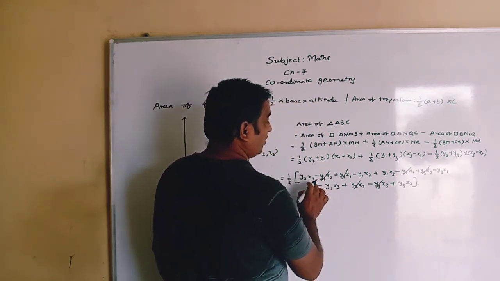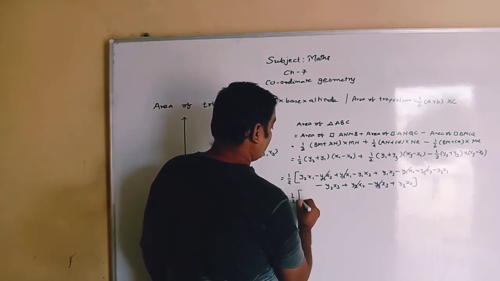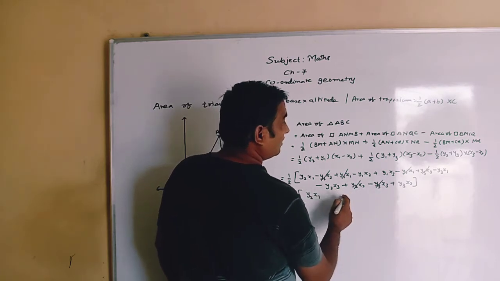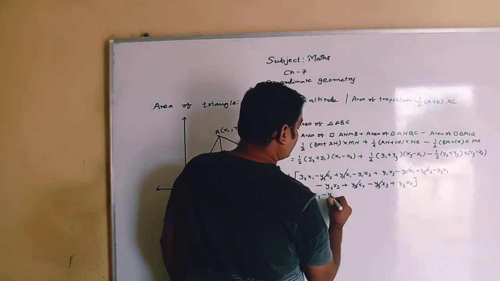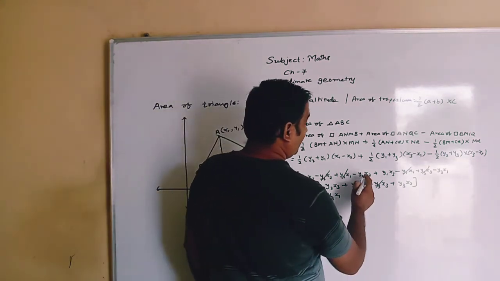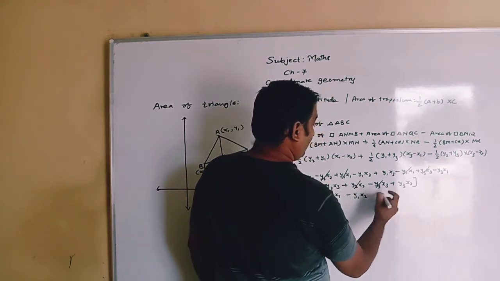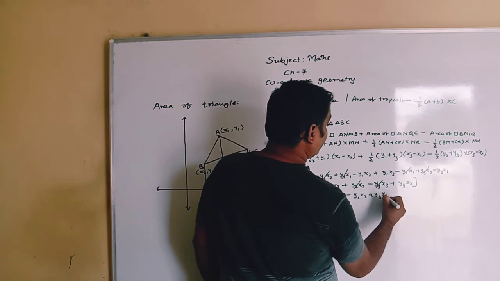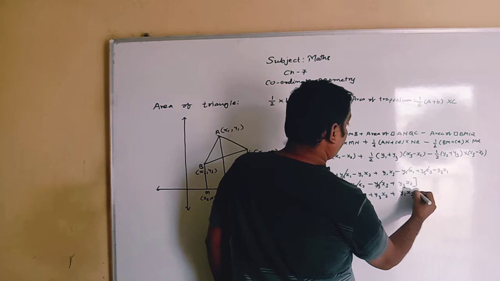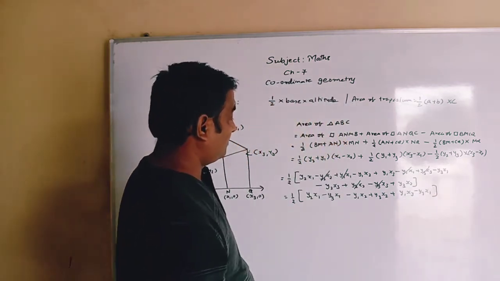Now all the x1 terms we bring together: 1 by 2 (y2 x1 minus y3 x1). Then the x2 terms: minus y1 x2 plus y3 x2, and all the x3 terms: y1 x3 minus y2 x3.